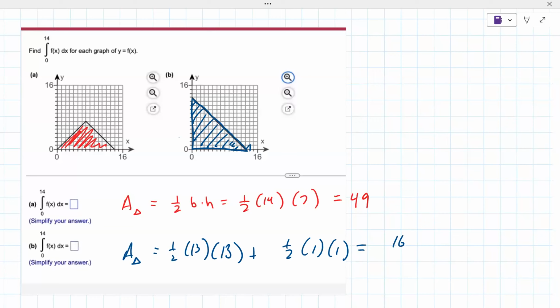So this ends up being 169 over 2 plus 170 over 2. Sorry, where did the one-half plus come from? There are two triangles in this other one. Oh, I didn't see that second one.